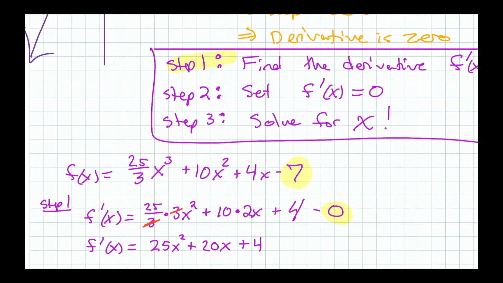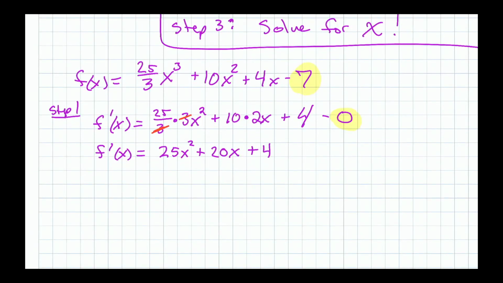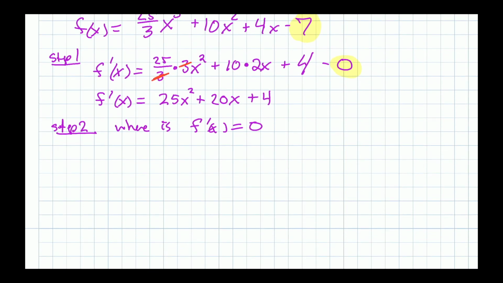I found the derivative. Now, horizontal tangent line means zero derivative. So we need to know where f prime equals 0. So all you're going to do is say 0 equals the derivative.